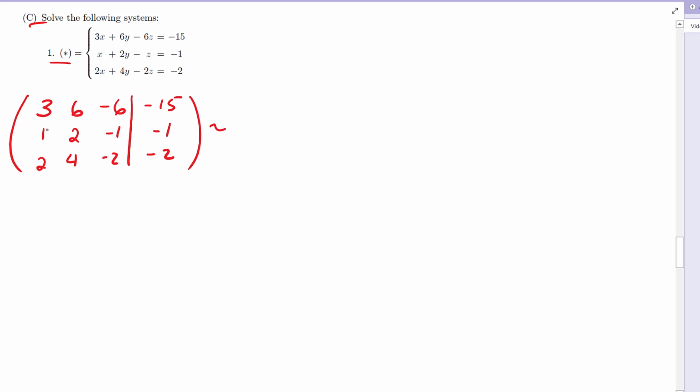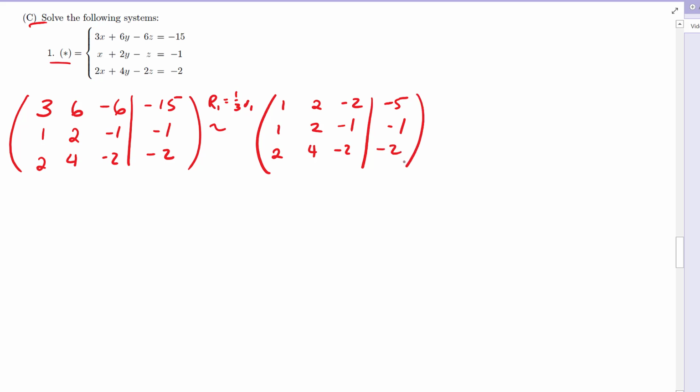But even if you can do that, I prefer you to start with what I give you as the first equation and get a 1 in that position if it's possible to do so. So we're going to say our new row 1 is equal to 1/3 our old row 1, and that will give us a 1 in that pivot position. That gives us 1, 2, minus 2, minus 5, 1, 2, minus 1, minus 1, 2, 4, minus 2, minus 2.